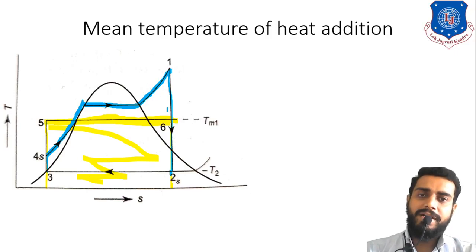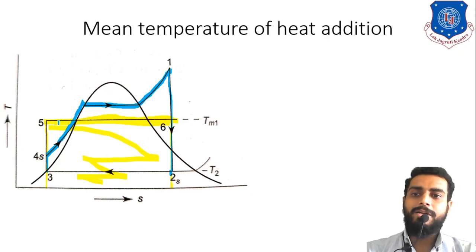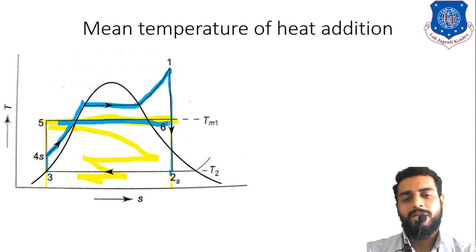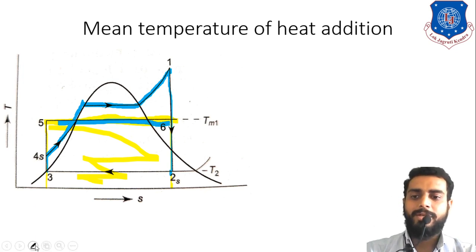If this condition is fulfilled, if both areas are the same, then the line drawn over here will be known as the mean temperature of heat addition. That is how you can explain it.